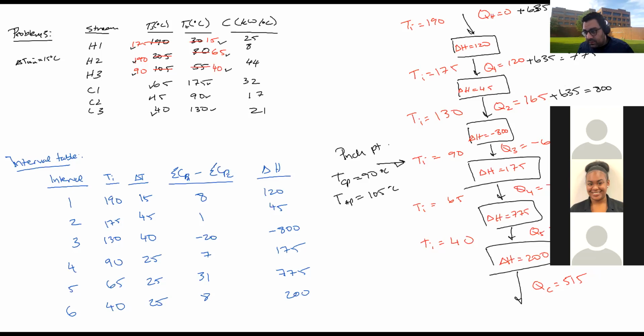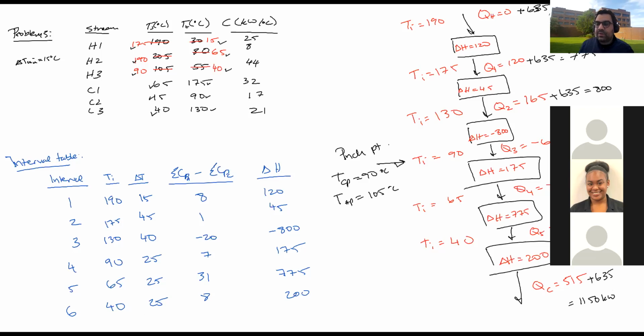Then 0 plus 635 here. Then 175 plus 635 here is 950. And finally plus 635 at the bottom, this will be 1150.